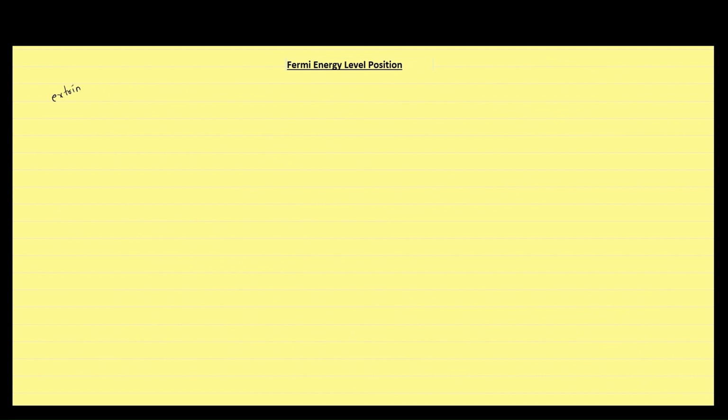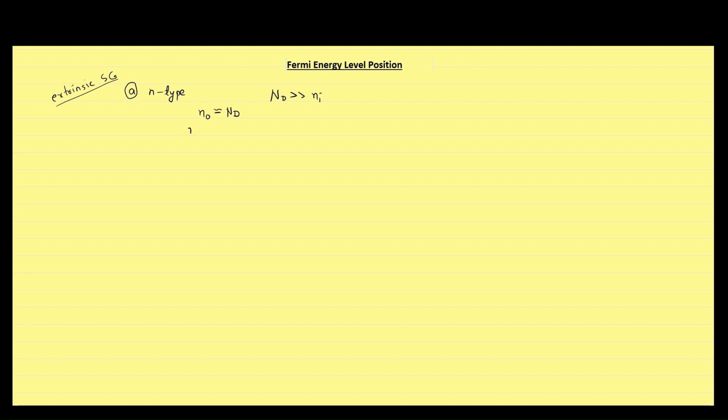Now we will analyze the Fermi energy level for extrinsic semiconductors. First, we will take N-type semiconductor with doping concentration Nd, and generally doping concentration is significantly greater than intrinsic carrier concentration. In such cases, free electron concentration at thermal equilibrium is approximately equal to doping concentration.